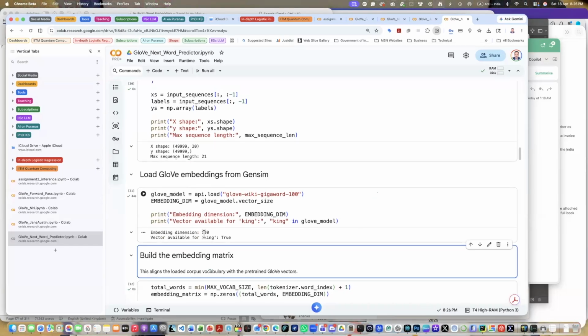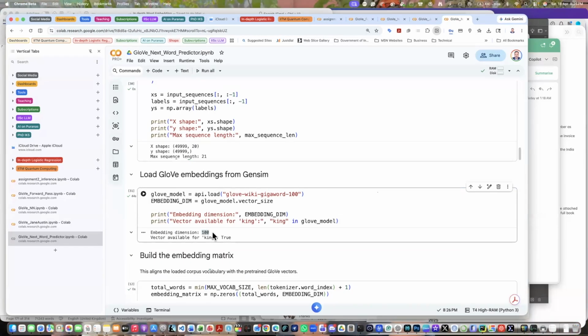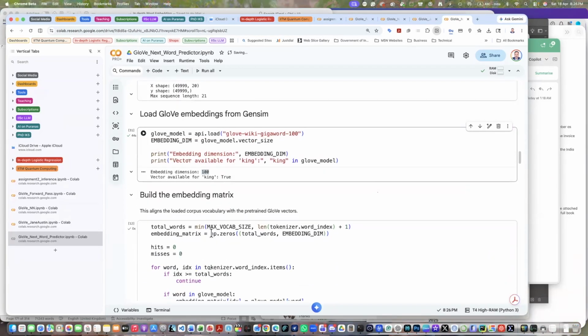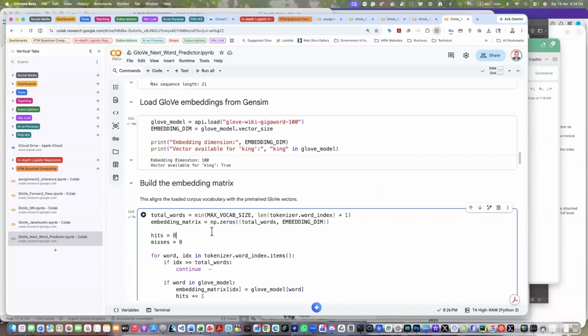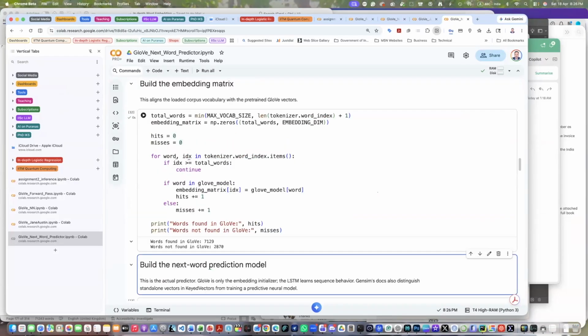The embedding dimension is 100. So you understand that it will make a 100-element vector for each word. So now I just check this, the embedding matrix.